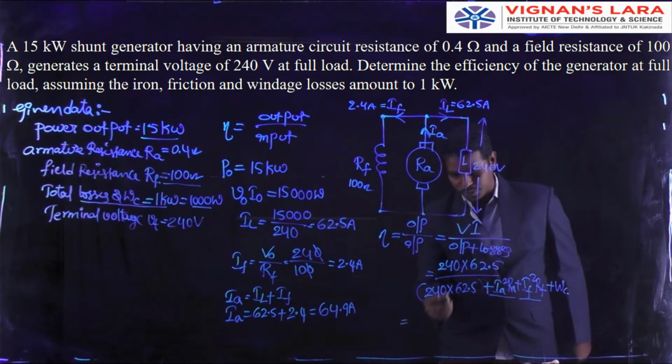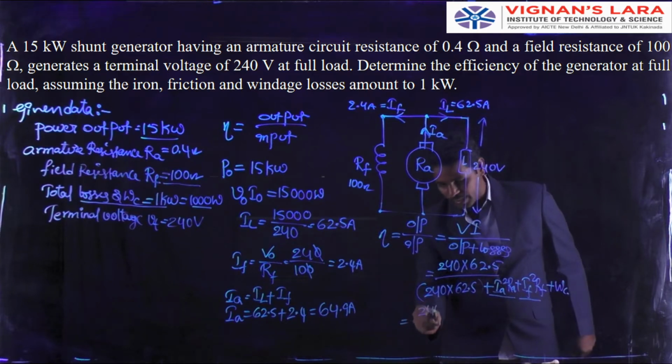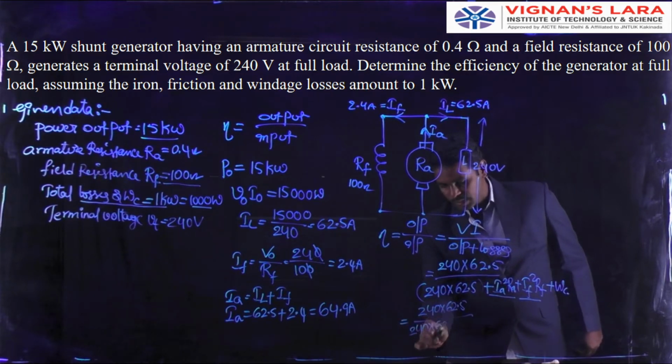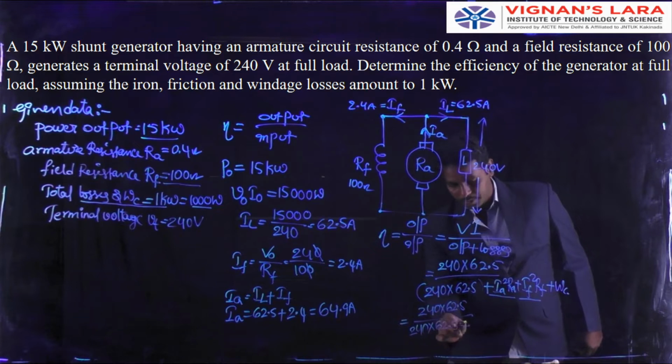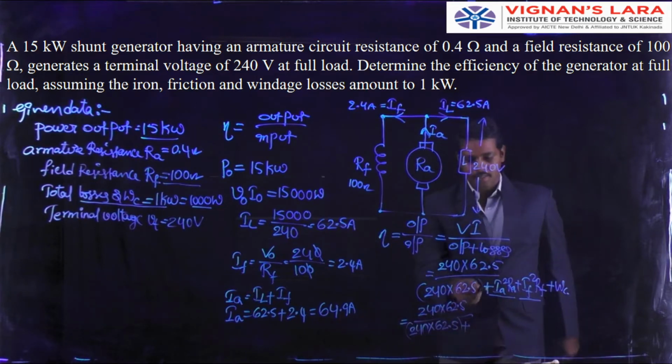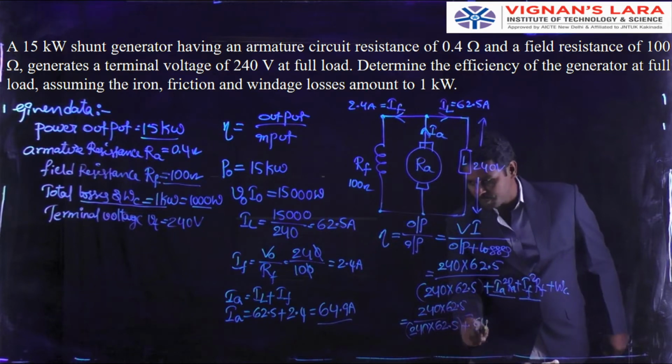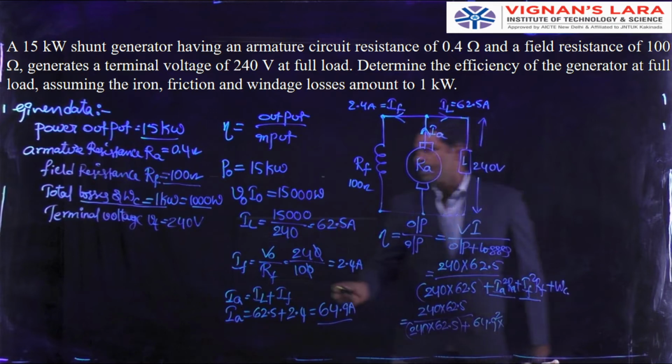So which is equal to 240 into 62.5 divided by 240 into 62.5 plus IA square. Armature current is equal to 64.9, IA square into armature resistance.